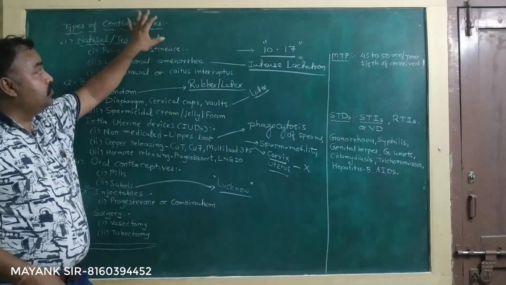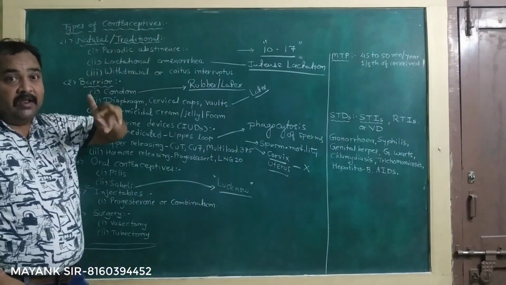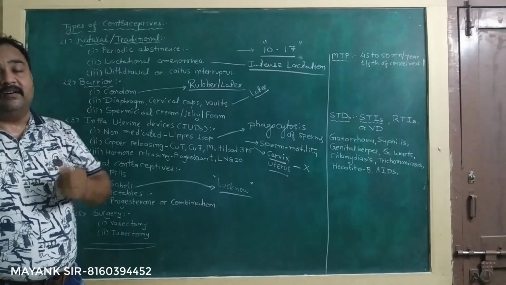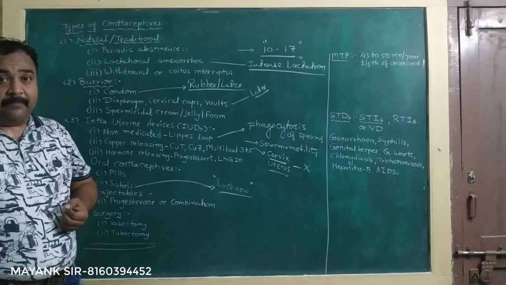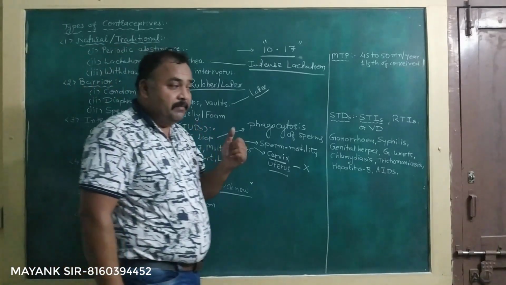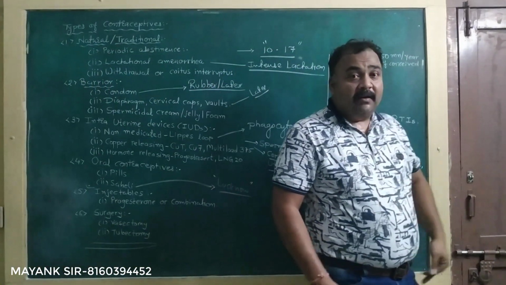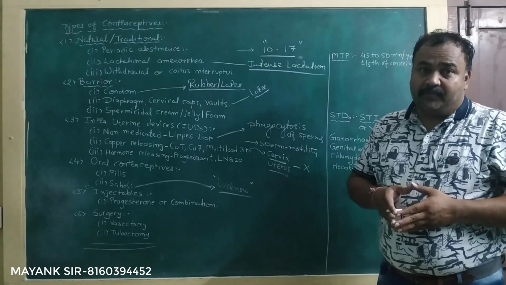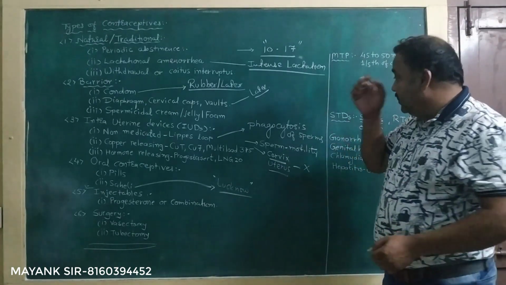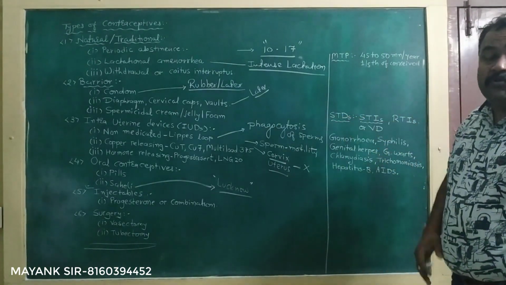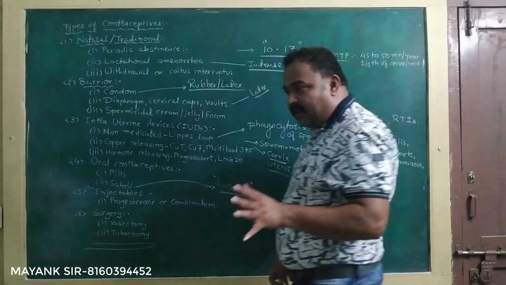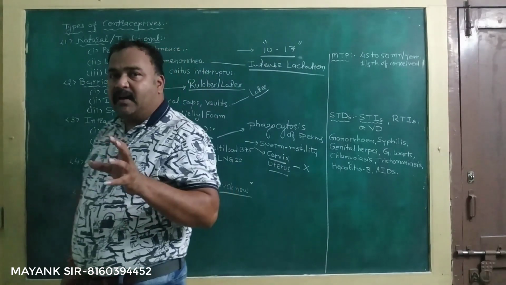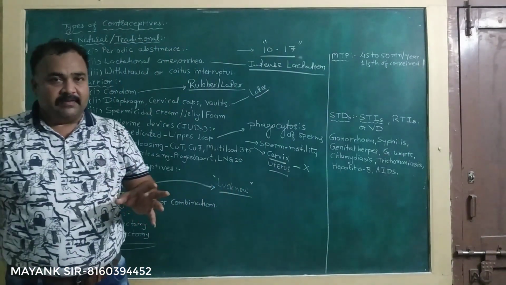But because of the use of contraceptives, first of all, population explosion is controlled to some extent, and second, young people can protect themselves from different kinds of STDs or STIs, sexually transmitted diseases.